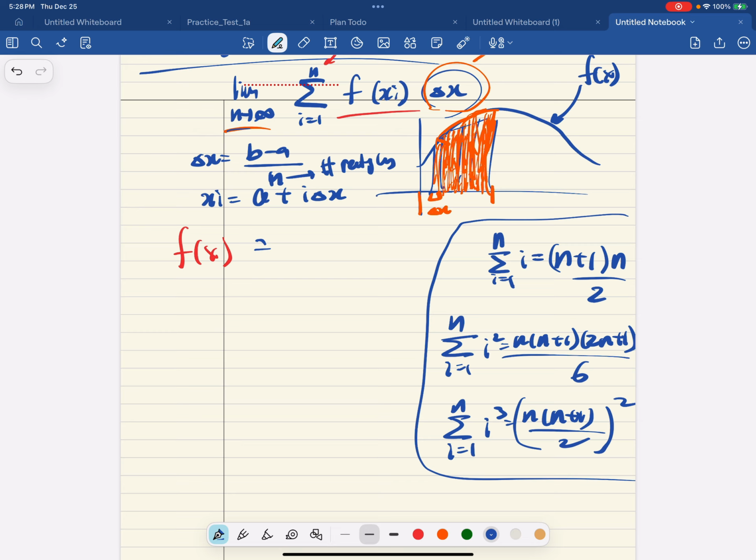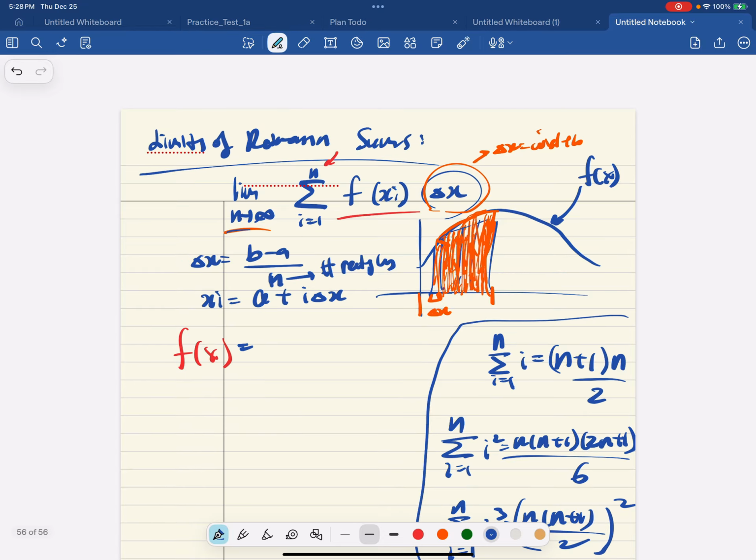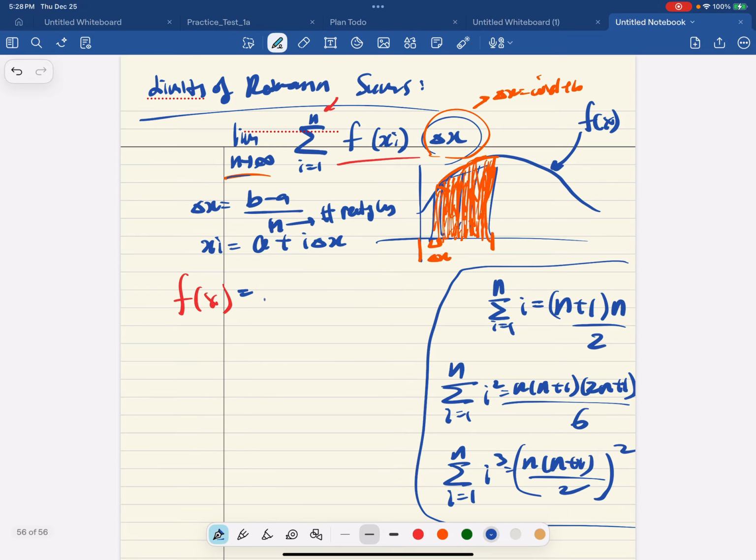So the whole point of Riemann sums with this weird notation with a lot of signs on it is that they're going to give you a function f of x. Let's say f of x is x cubed minus 3x squared minus 2. First, step by step, delta x is equal to b minus a over n.